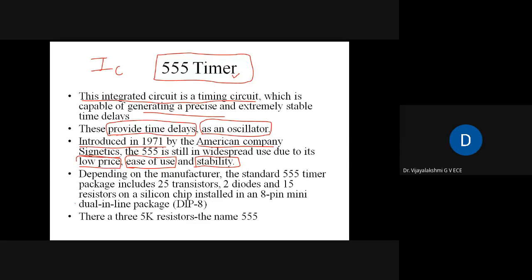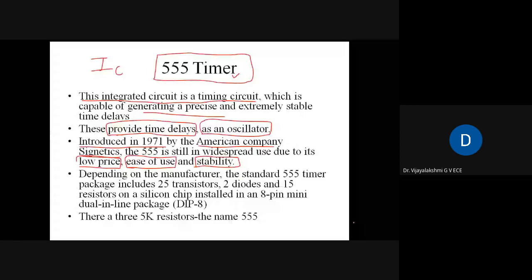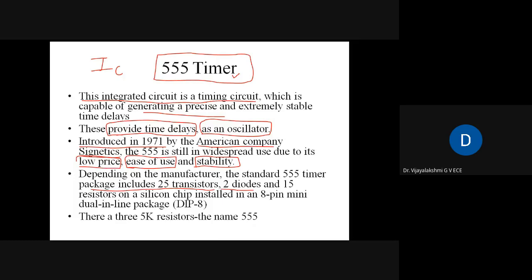What is this timer IC actually made up of? When I say IC, we call this a package. This IC is made up of 25 transistors, 2 diodes, and 15 resistors, all on a silicon chip, and it depends upon the manufacturer also.